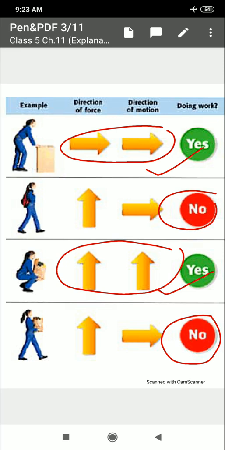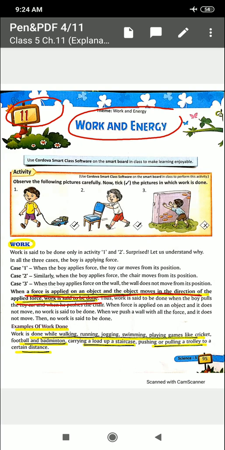So we can conclude 3 main conditions for the work to be done. See the definition once more, children. When a force is applied on an object and the object moves in the direction of applied force, the work is said to be done. So just remember 3 conditions for the work to be done.